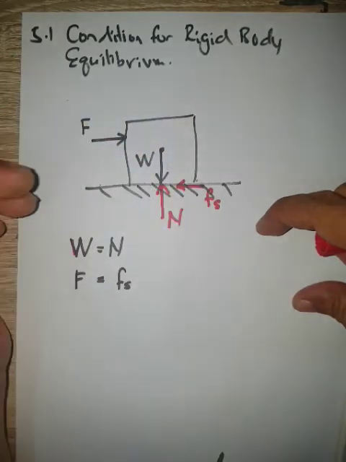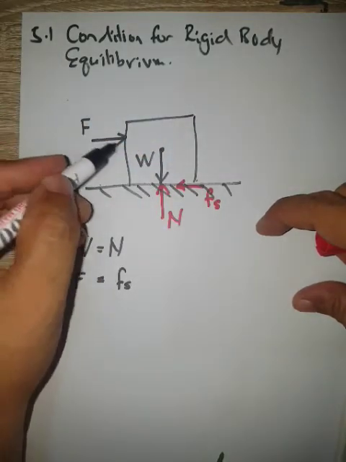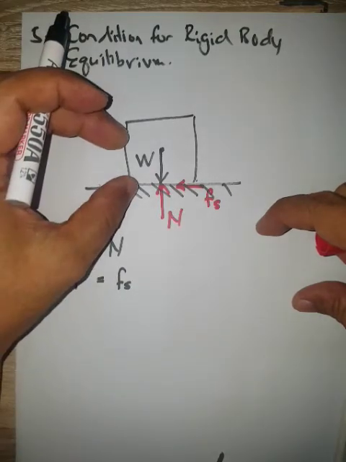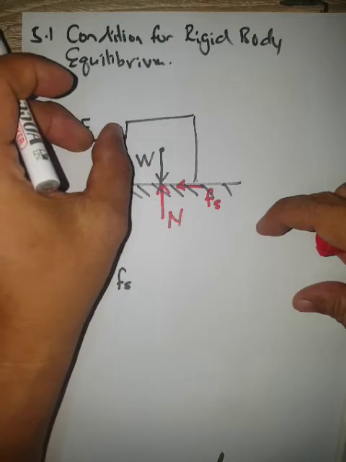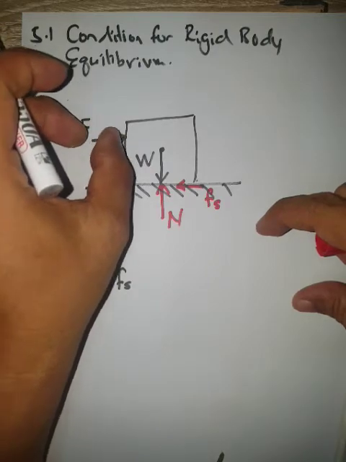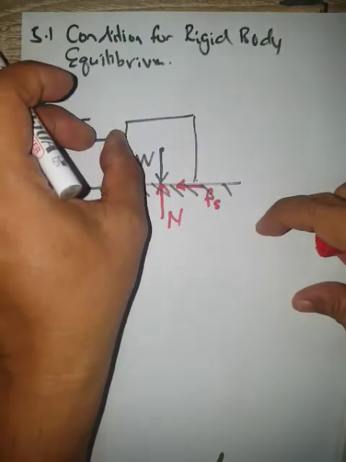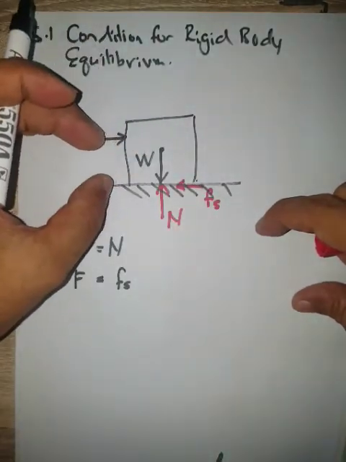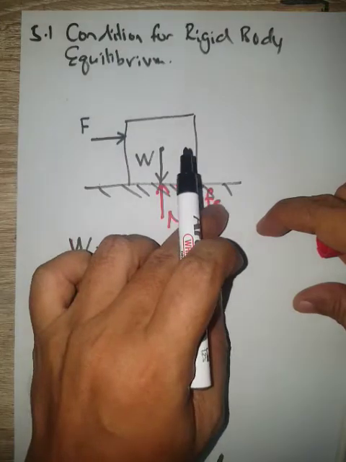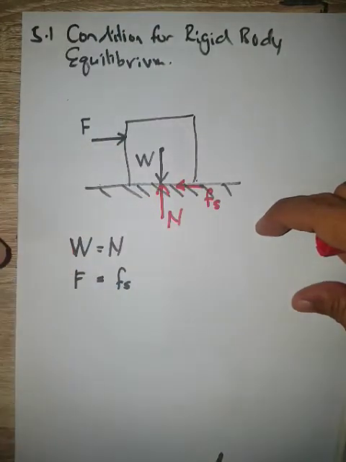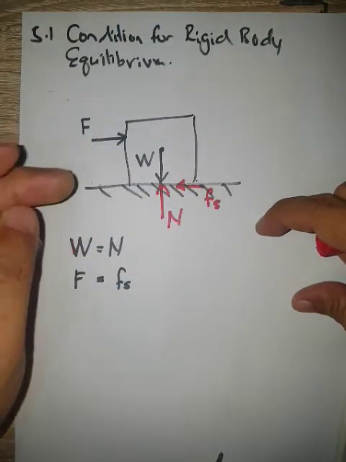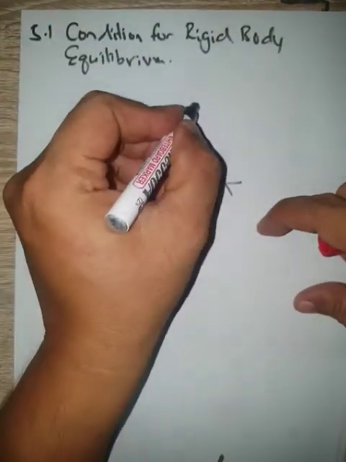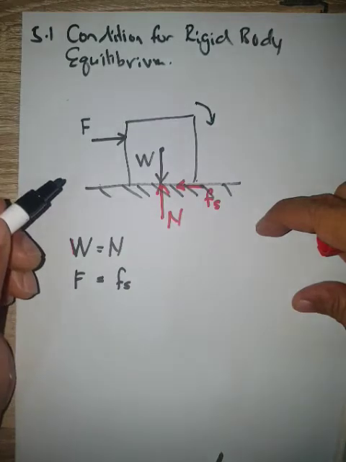Again, if you look here, F and Fs have a gap between them, with similar magnitude but in opposite direction. So we understand that this F and this Fs create a moment. That means this box can rotate in this direction, clockwise.